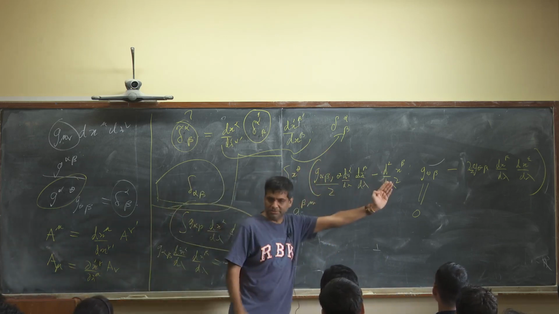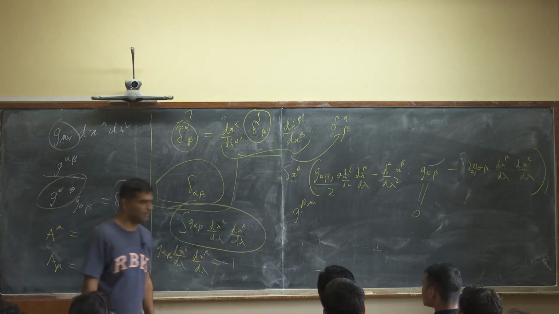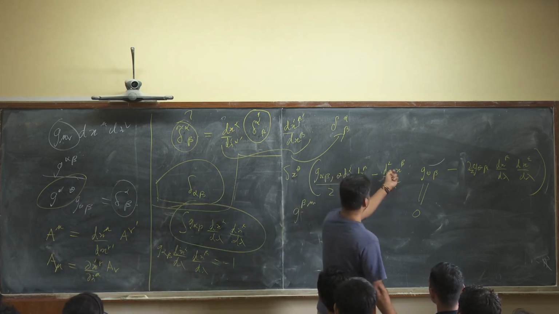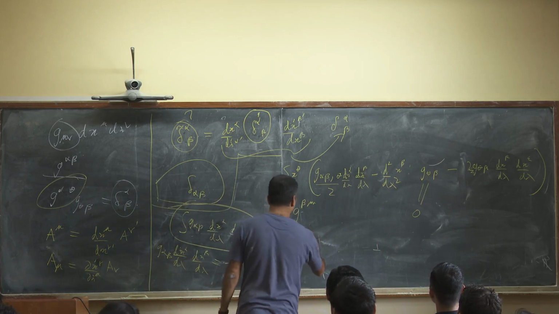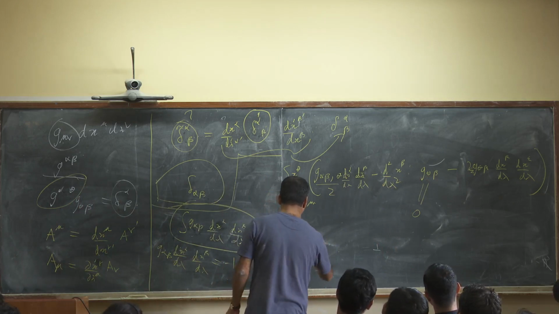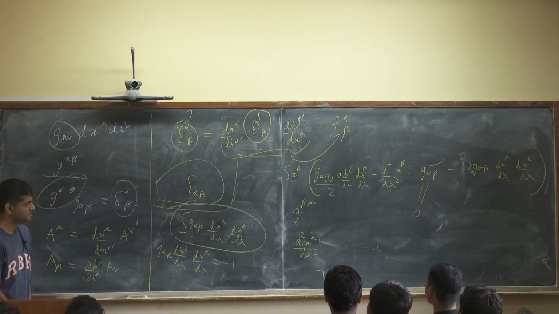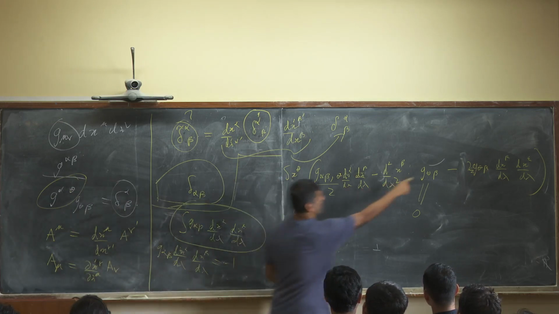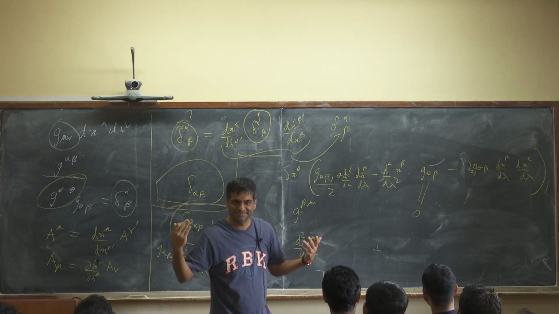If this is 0, I can multiply it by g beta mu and it will continue to be 0, and it makes it look a little more familiar. So when I do that, what does this term become? This term becomes d²x mu by d lambda squared. Is this clear? Because when I contract, I get delta theta mu, the definition of the inverse metric.